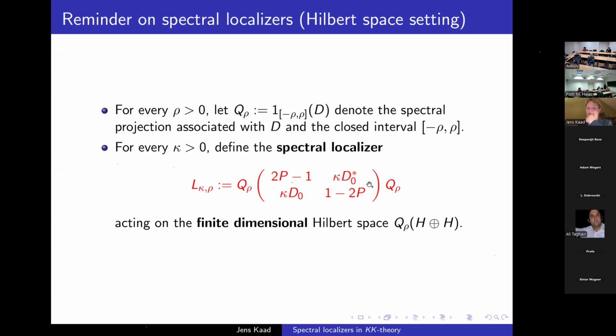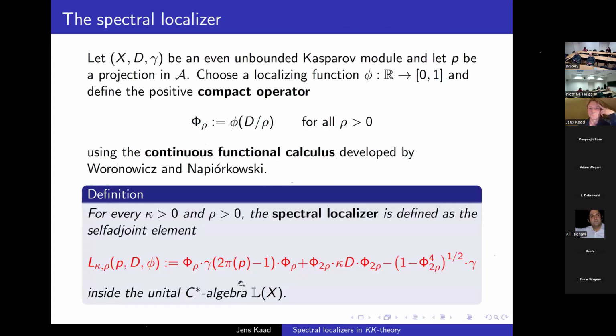In this case, the grading operator is the diagonal matrix with 1 and minus 1 on the diagonal. So what I have here on the diagonal is really just the grading operator gamma times 2p minus 1. If you go back, you see here gamma times 2p minus 1, exactly the same thing as for the spectral localizer in the Hilbert space setting.